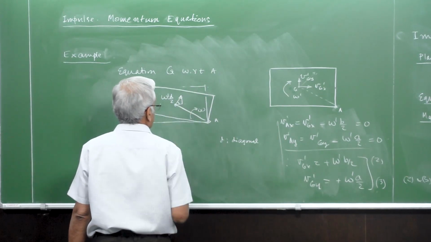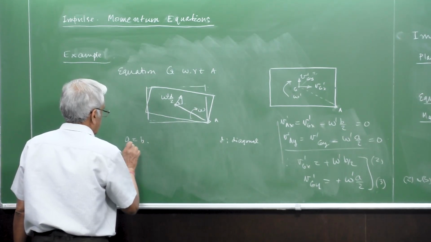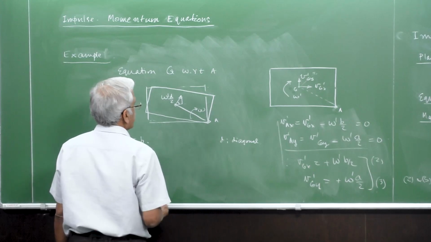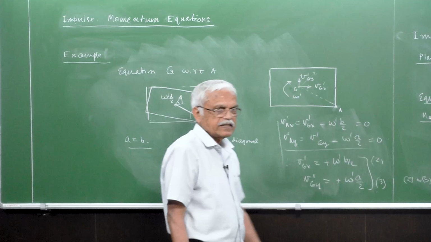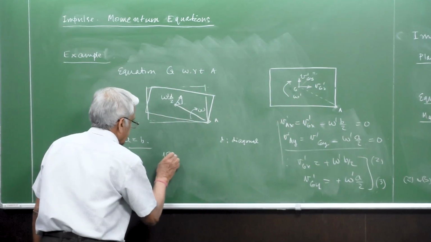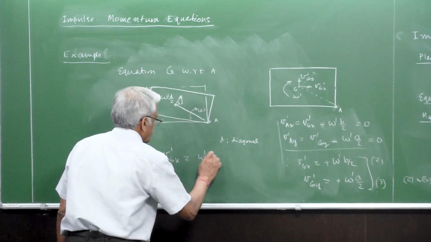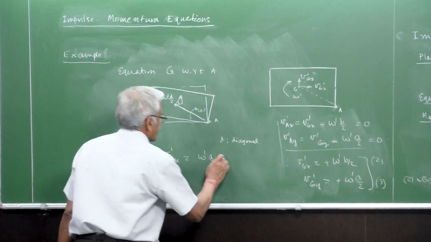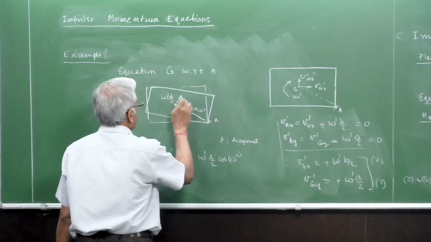In fact, if A is equal to B, then this angle will be 45 degrees. So very clearly you can see that Vgx prime is nothing but omega prime d by 2 times cos 45 degrees, right?